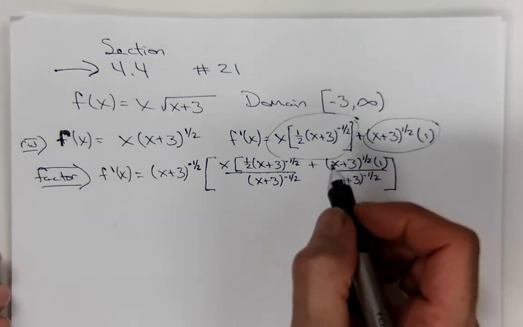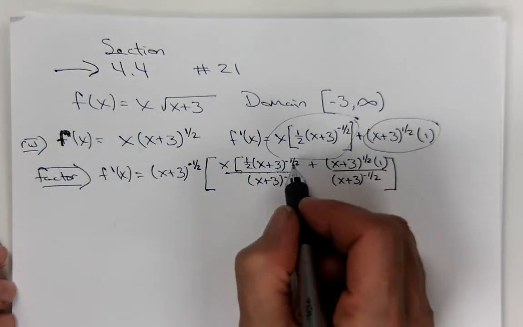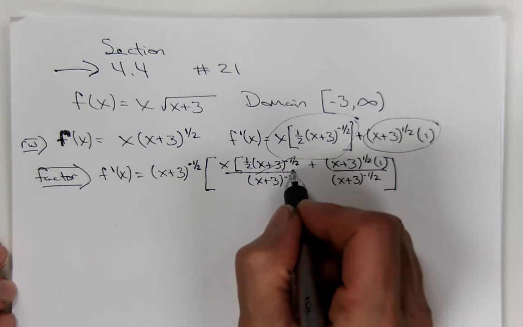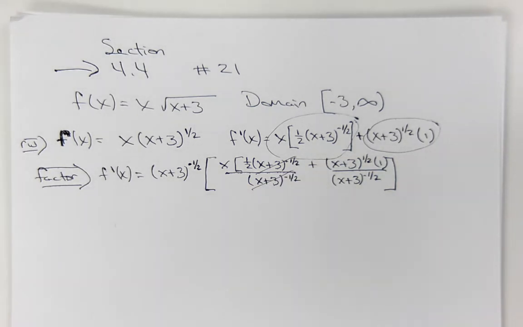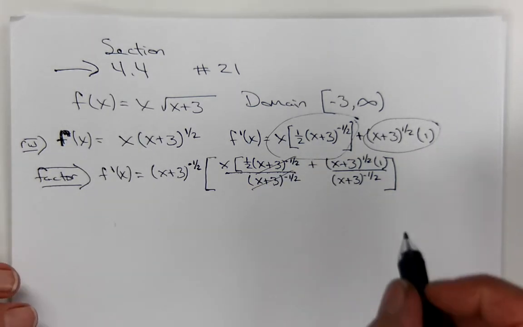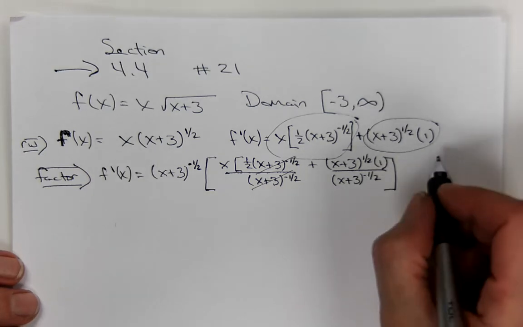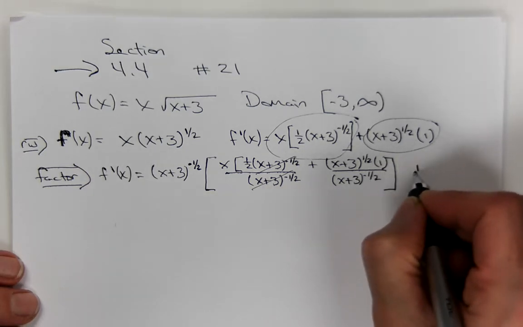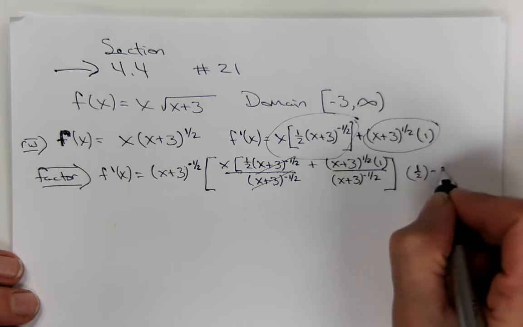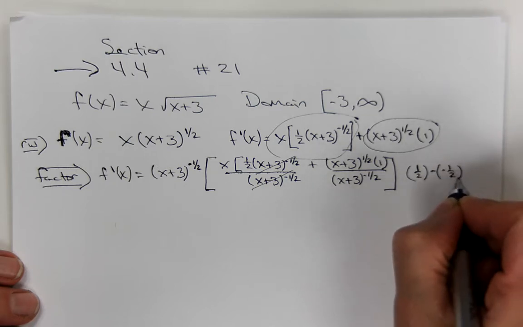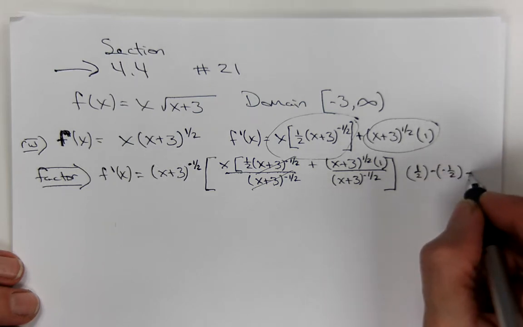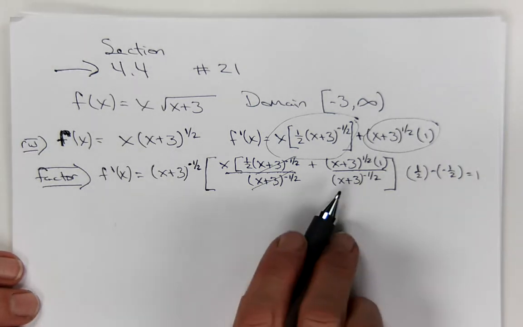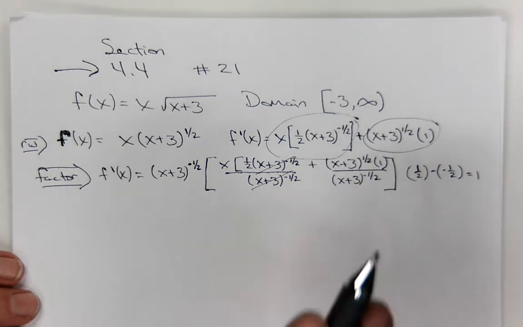And in the first term, it's going to cancel. So we know x plus 3 to the -1/2 is the same on the top and bottom, and so that works out really nice for us. In the second term, you're subtracting the exponents. Your exponent is going to be your top exponent minus your bottom exponent. So it's 1/2 plus 1/2, which is 1. So that'll become x plus 3 to the 1.